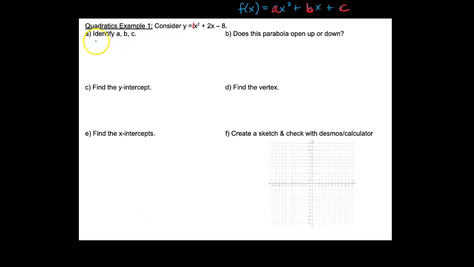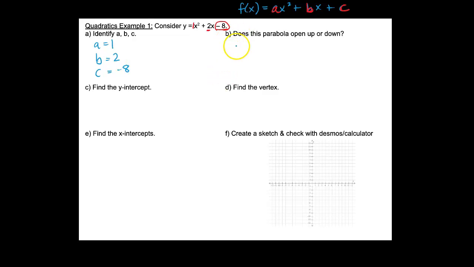So in this case, a is going to be 1, and then it looks like b, that's the number in front of x, is going to be 2, so b is 2, and then c is going to be negative 8. So you always want to make sure that you include the sign in front of the c value, or any of them rather. So if there's a minus sign in front of them, you want to make that value negative. So c is going to be negative 8.